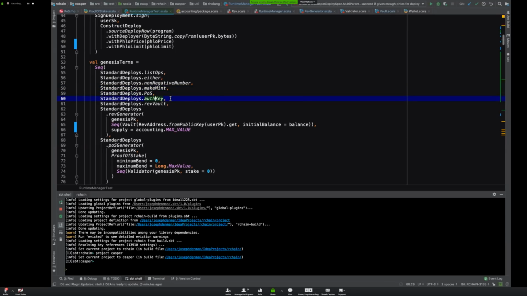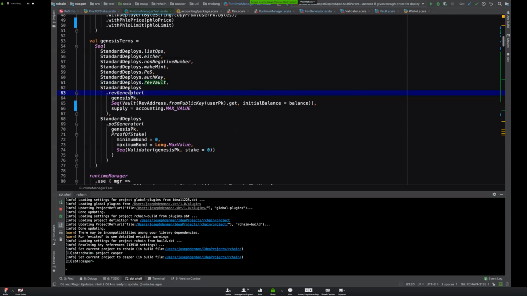AuthKey is an authorization sort of interface for object capabilities. RevVault here is the contract that allows users the higher level interface, the direct interface between vaults, where they store their rev exactly. RevGenerator here, we just need this to actually create the initial vaults.